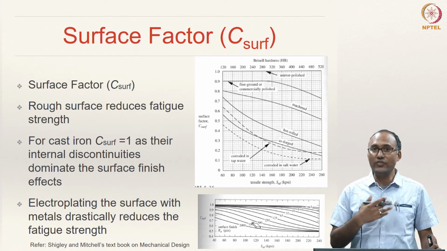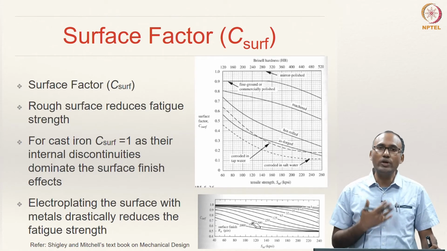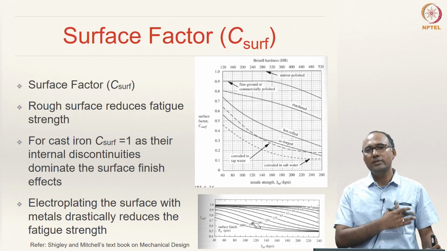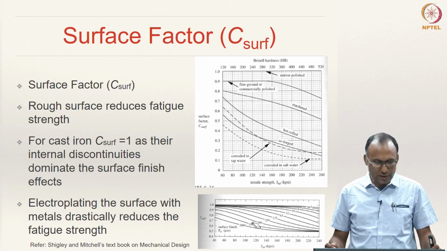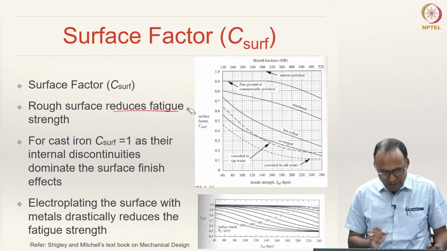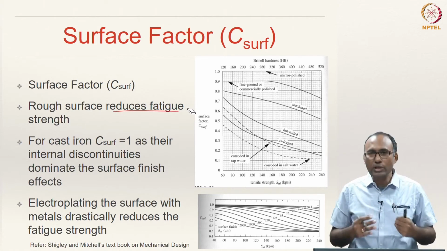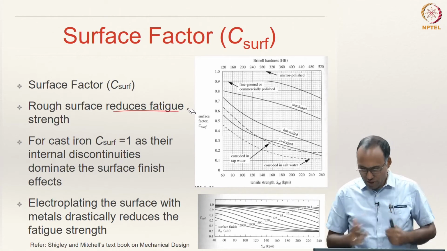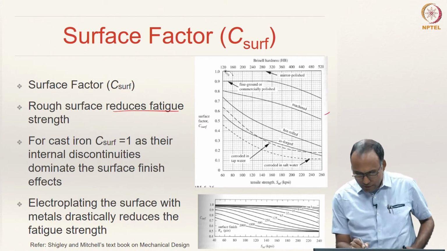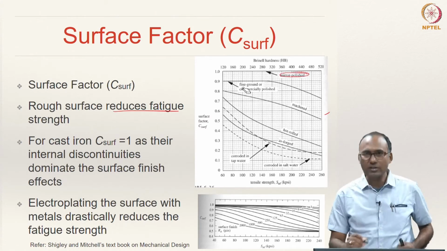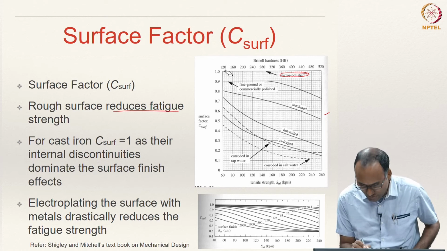The surface finish of the material is going to significantly influence its fatigue strength. Rough surfaces reduce the fatigue strength and smooth surfaces increase it, and hence you need to account for this surface finish. If you see this graph here, a mirror polished, extremely well polished surface will have a surface factor of 1.